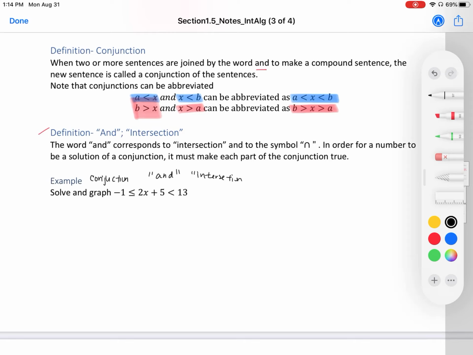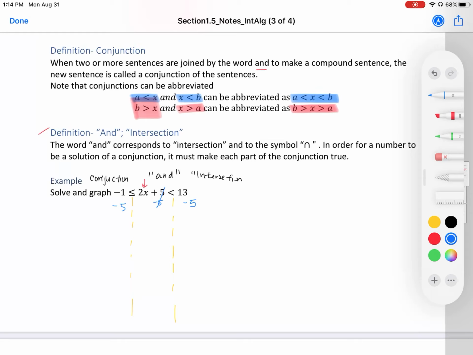Okay, so we have two inequalities, but just like an equation, what you do to one side, you do to the other. In this case, you want to do it to all three sides. So our goal is to get x by itself. Where is x? X is in the middle, but there are other numbers around it. So let's move the 5. Let's subtract 5. Minus 5 gives you 0. But what you do to one side, you do to all other sides.